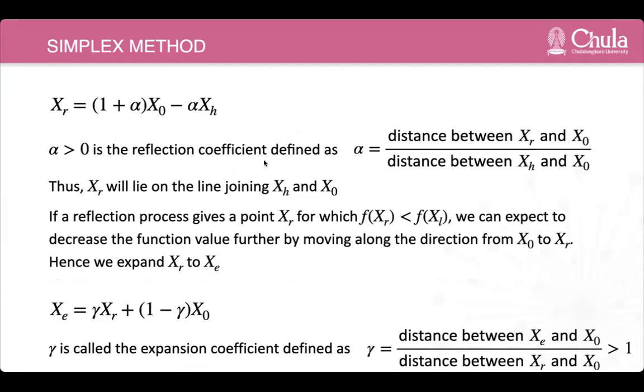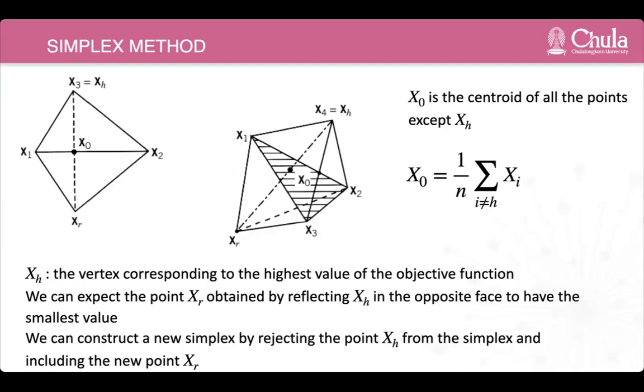How to calculate the centroid? The centroid is calculated by the summation of xi divided by n. In this case, n is 3.